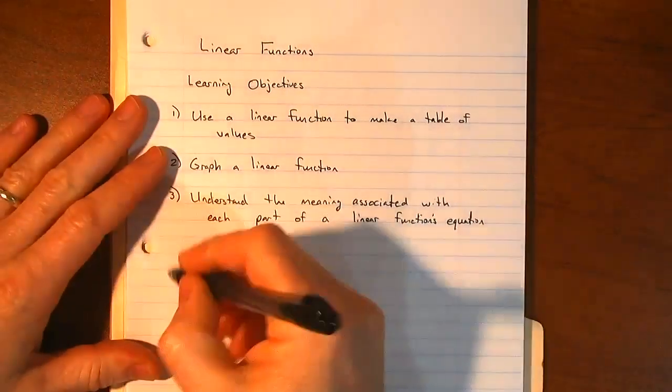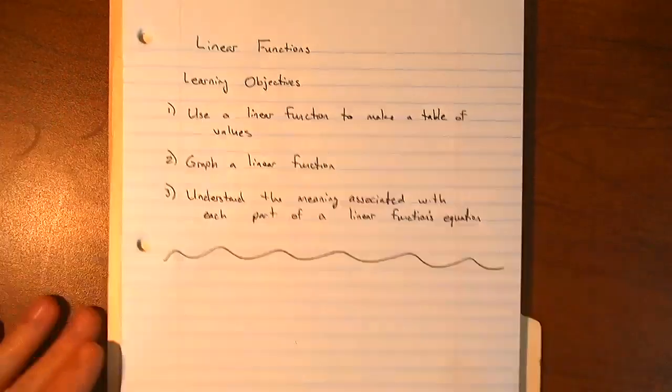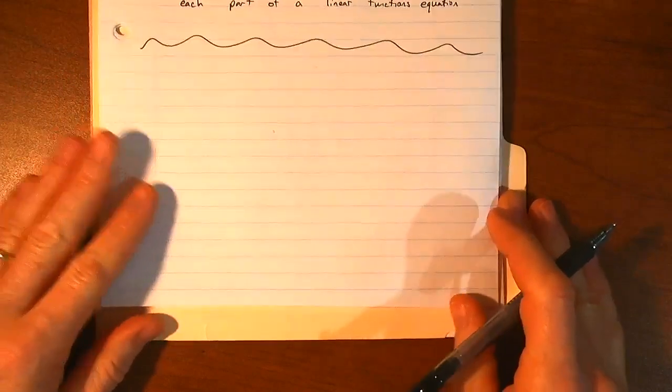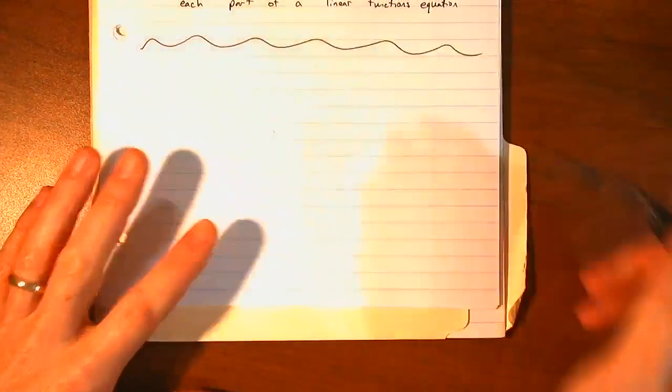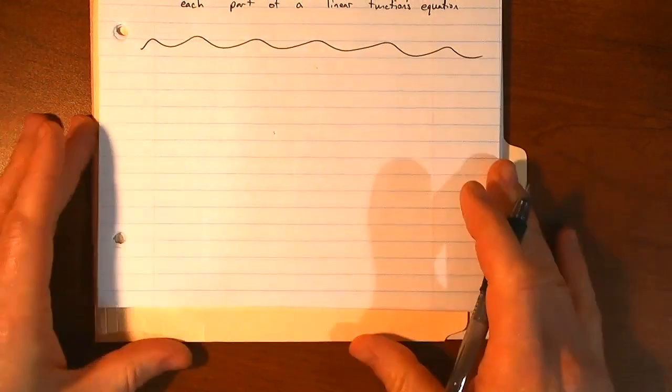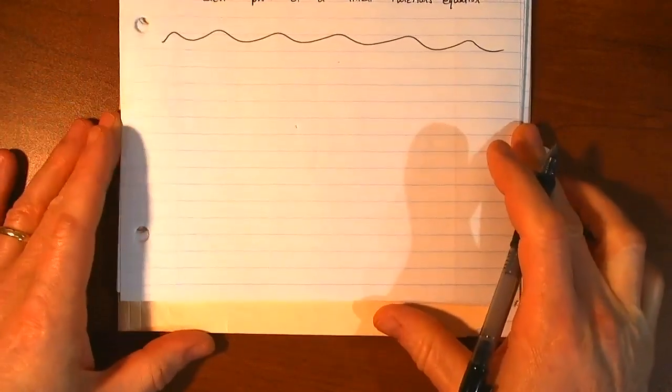So maybe the first reminder that I'd like to provide for you is, what does it mean to be linear? Okay, so remember, linear, where that name comes from is because the graph looks like a line, and that's usually what students jump right on first, is that linear means the graph is a line, and that's 100% true.